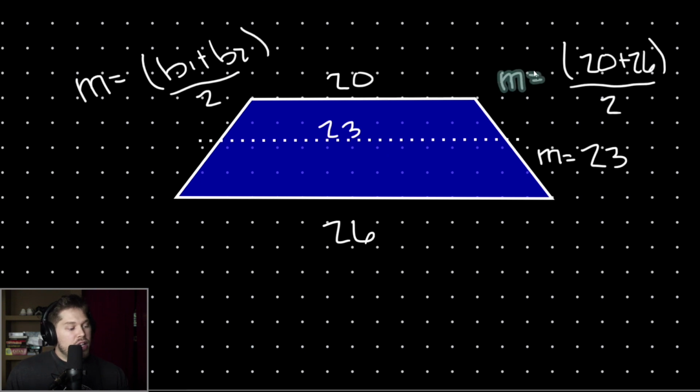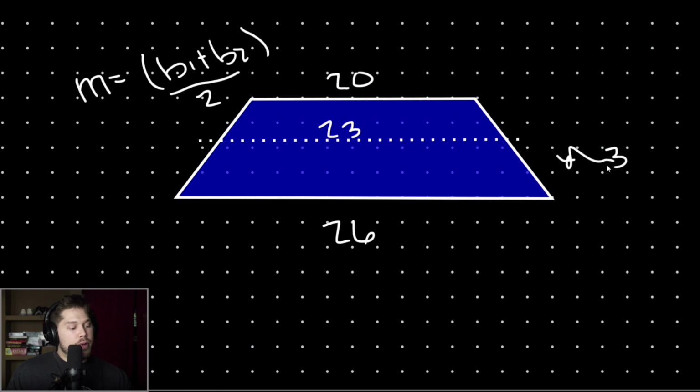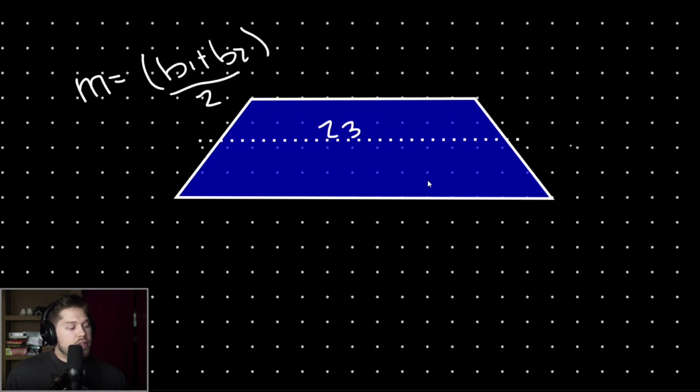Another problem that you could have is maybe they give you the midpoint and you're looking to solve for one of the missing bases. So let's say they give us that the midpoint is 23 and they give us that this base is 17 and we're asked to solve for x, the missing base.